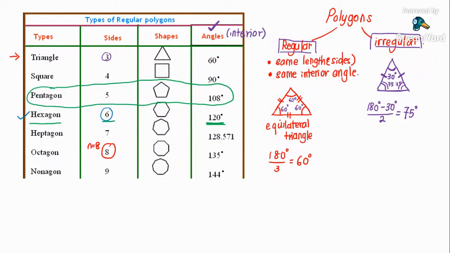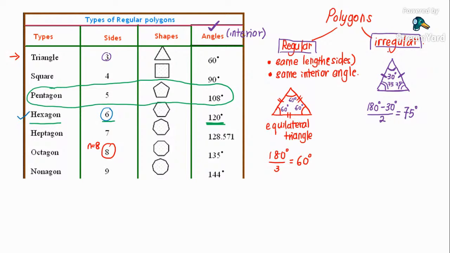For example, take an equilateral triangle: the sides are all the same and the angles are all the same. The sum of the interior angles of a triangle is 180, so we just divide by 3 and we get the interior angle for each angle in the polygon.